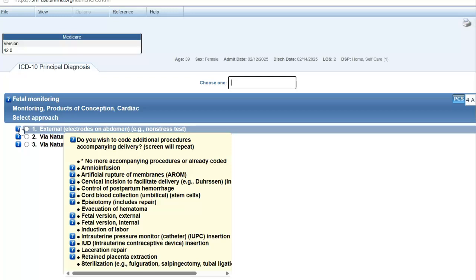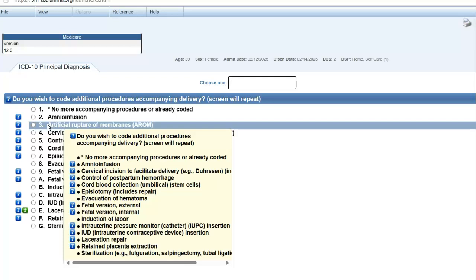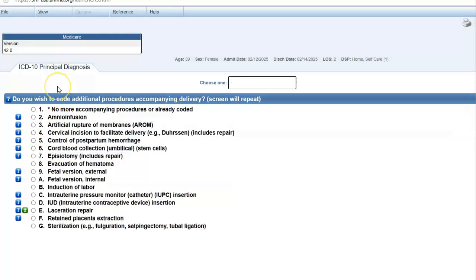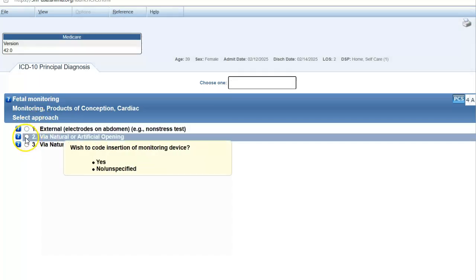And remember, we have 2 to code here. They did it through the scalp, and then they also did the abdomen. So we're going to do external, and then, yep, we have another one to code. We're going to go through the same steps. I'm going to back up actually and see if I can hit these both at the same time.